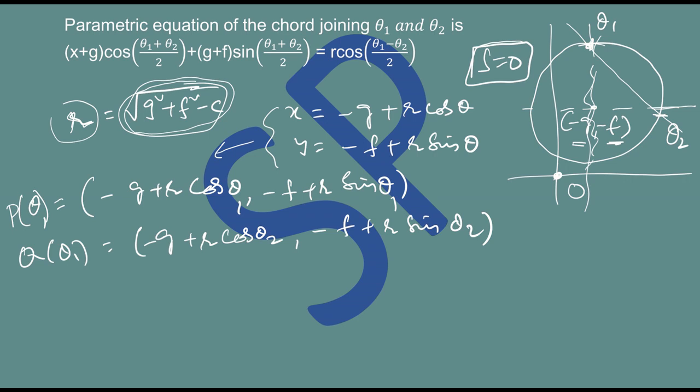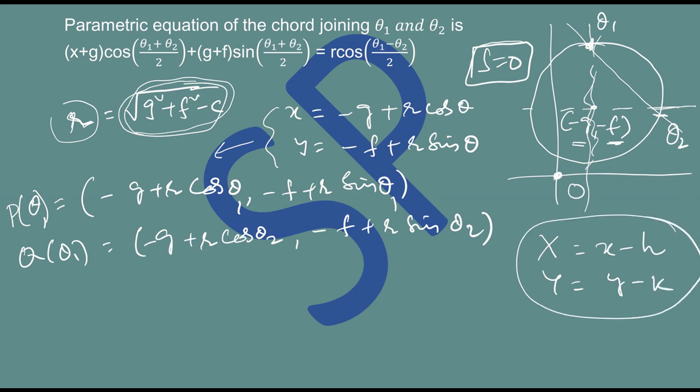So let me write the new coordinates for P and Q. We know that from translation of axes, capital X is equal to small x minus h and capital Y is equal to small y minus k. Those are the formulas that connect new coordinates and old coordinates when the origin is shifted to h comma k. Here h comma k is nothing but minus g comma minus f.